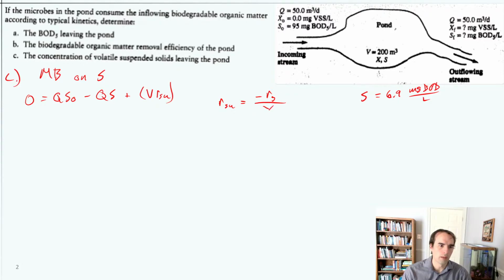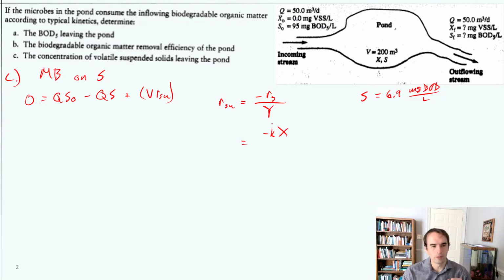So rate of growth divided by Y, this uppercase Y. And so we can write that as negative k, that's the lowercase k, the specific substrate thing, times X times mu. So kX times that mu, which we looked at last time.